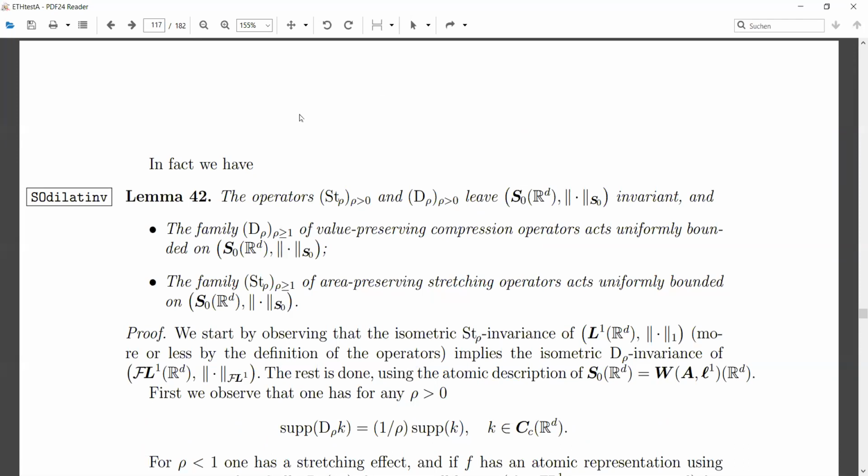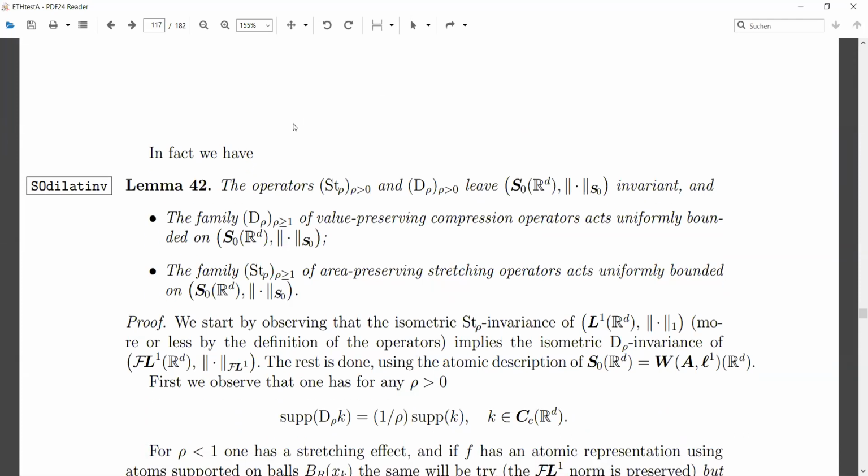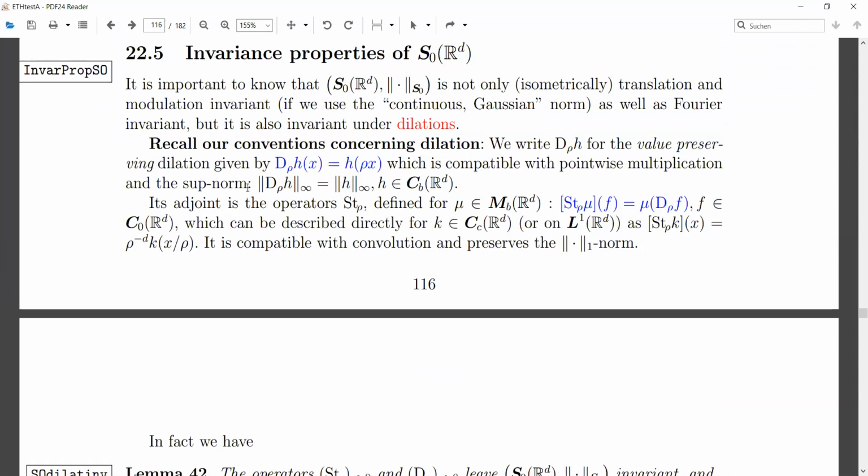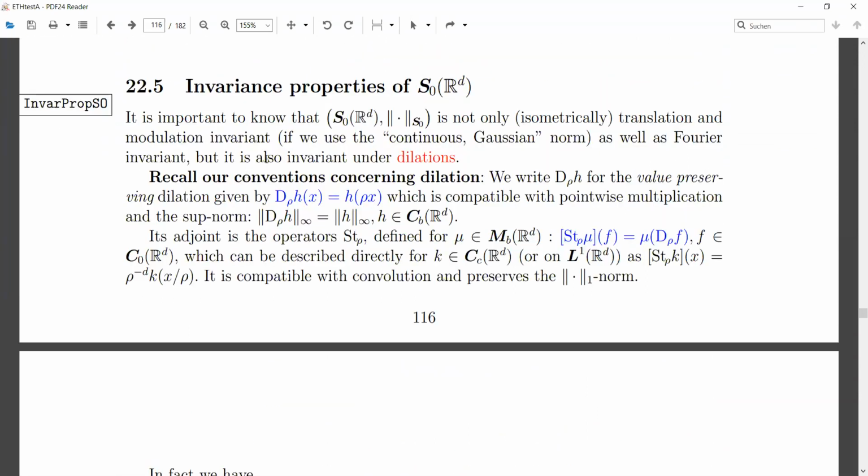Yeah, one collection of properties of S0. So we have collected many properties, but one extra property that I wanted to add is the invariance property under the dilation operator.